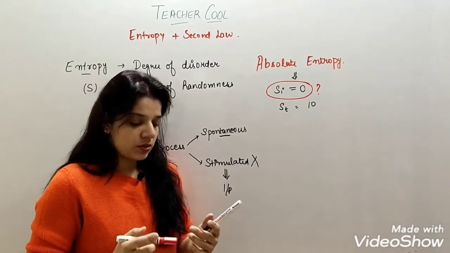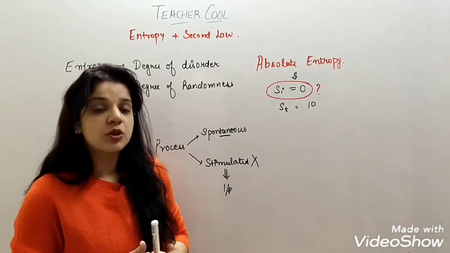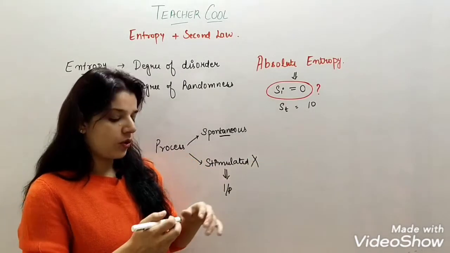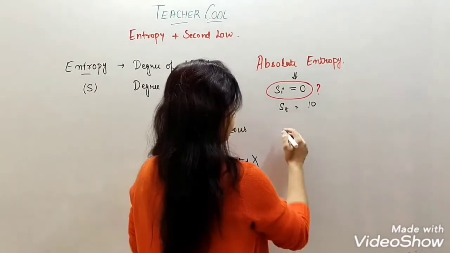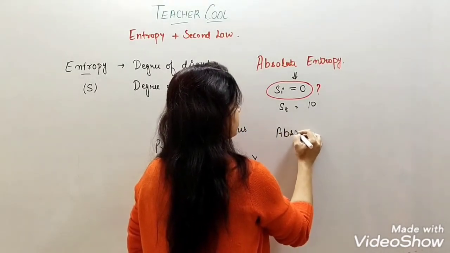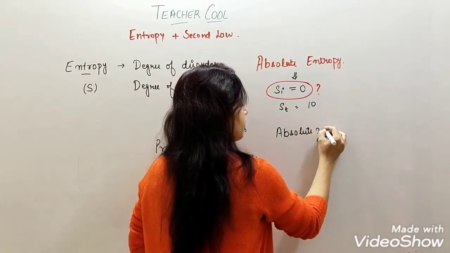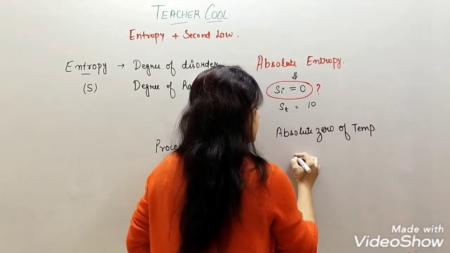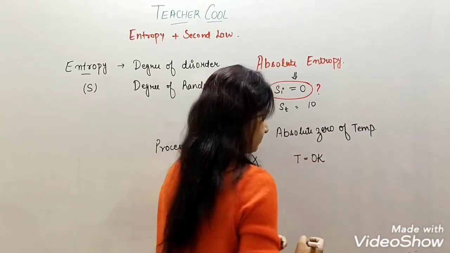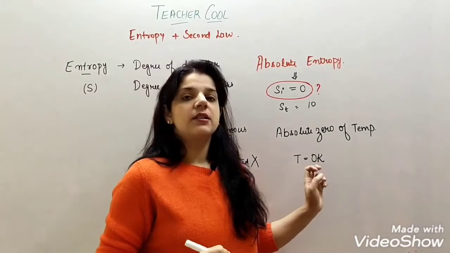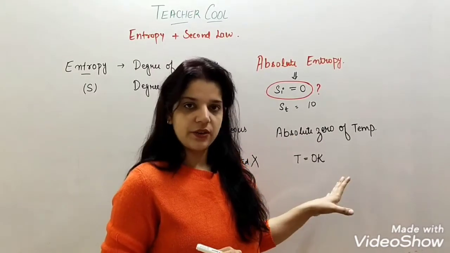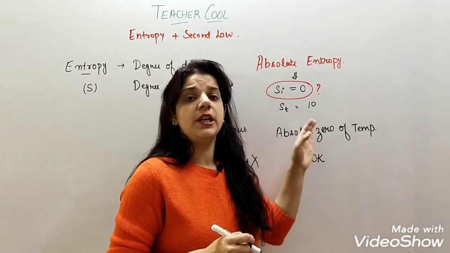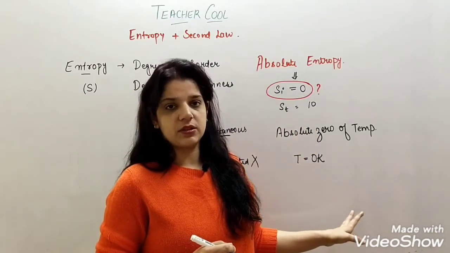In the previous lectures, we talked about the absolute zero of temperature. What was that? The absolute zero of temperature was temperature at 0 Kelvin. We said that it is the lowest temperature which we can achieve, and in that case also we said that we cannot actually in real world achieve this temperature.